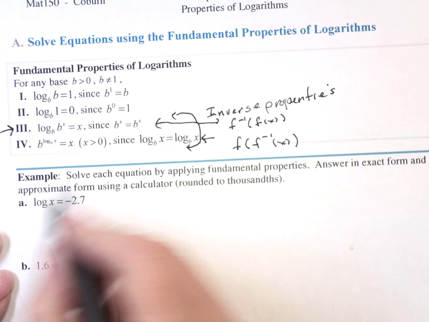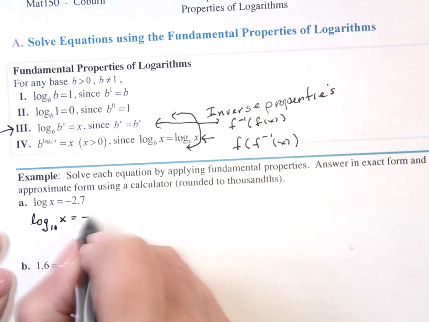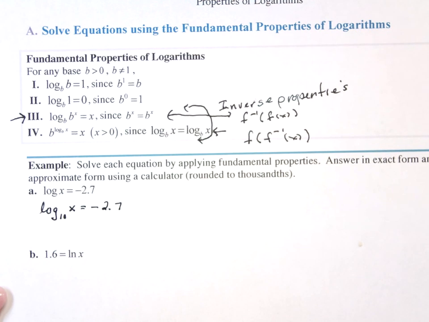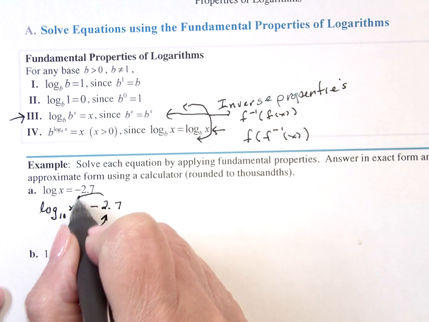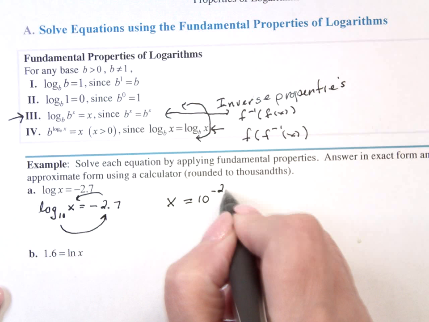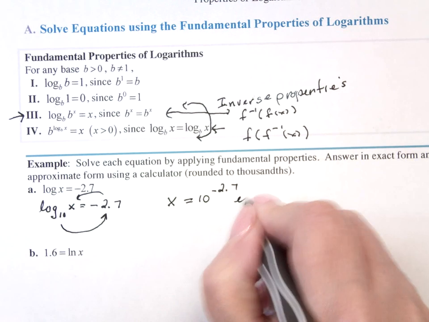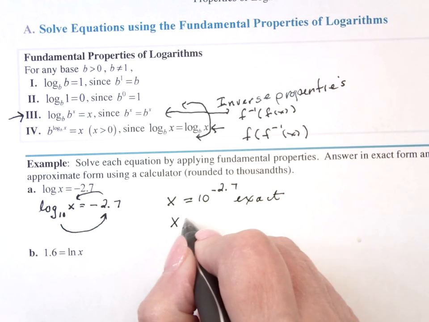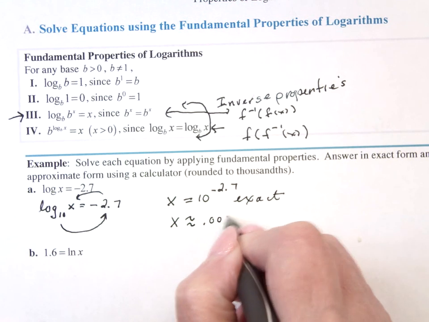When I look at this one, it is log base 10, so I can rewrite it as x equals 10 to the negative 2.7. That's your exact answer. And if I use my calculator, it's approximately 0.002.